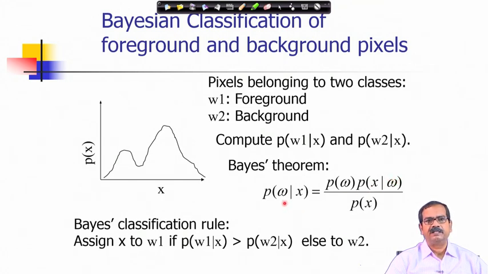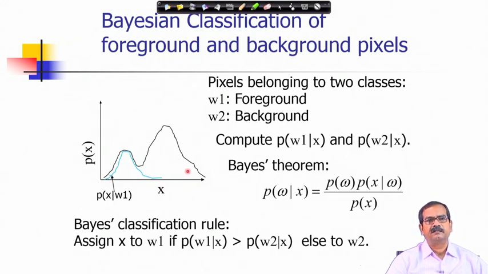It is easier to compute this quantity than to compute the other directly, because this is called the likelihood. We can assume that the pixels around this part form a class distribution coming from the foreground pixels, and we can assume they are Gaussian distributed. Similarly, this is the probability distribution of the pixel x given that they are coming from class W1.